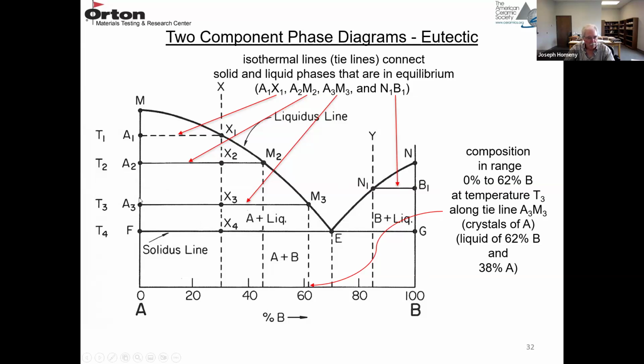So the composition of the crystals, because we're in the region A plus liquid, is 100% A, and the composition of the liquid is 62% B and 38% A.